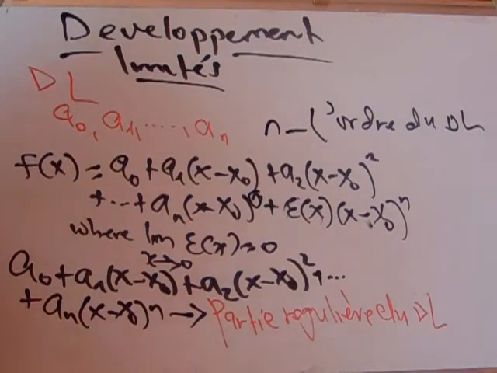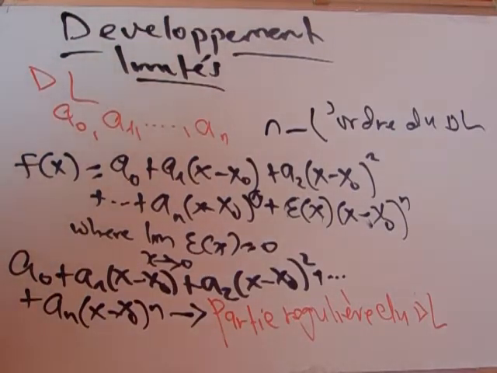If you tell me to calculate the DL of a function, you should also tell me where to stop. So in that case, the n helps us: if you're asked to calculate a développement limité, they'll tell you at the order of 1 you stop at 1, or maybe 2, or maybe 3, depending on the question you're given, which of course we are going to try in examples and exercises that we're going to do, which is my favorite part of mathematics.